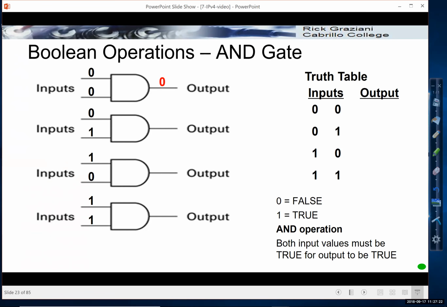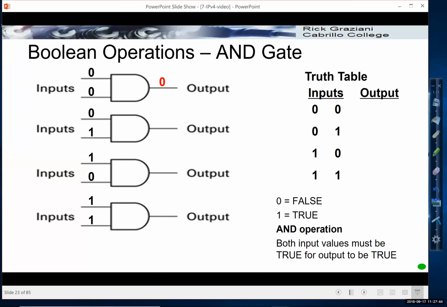If we put both those input values through an AND gate, false and false is false. So if I said Rick Graziani plays professional basketball and Rick Graziani is a millionaire, both of those things are false, believe it or not. So the output is false.